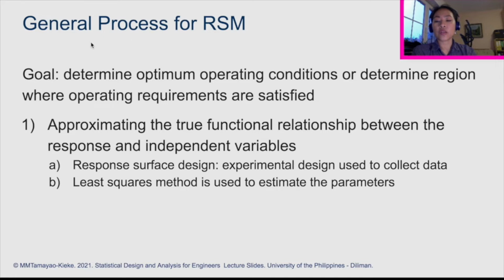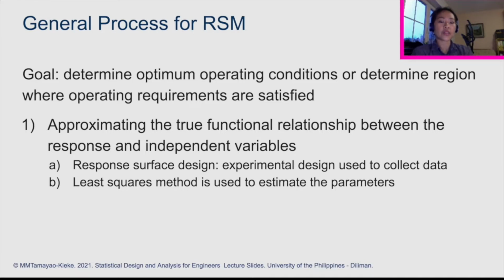Okay, now let's move on to the general process for RSM. So again, the goal is to determine the optimum operating conditions or to determine the region where operating requirements are satisfied. Now, in most cases, we don't really know the true functional relationship between the response and the independent variables.